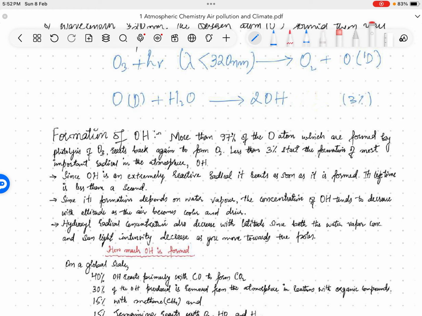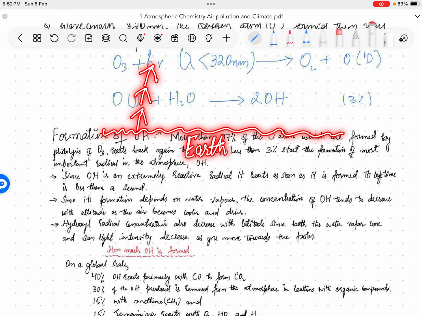This means that if we are on the surface of the earth, as we move upward in the atmosphere, that means with the increase in altitude, the concentration of OH radicals will decrease.